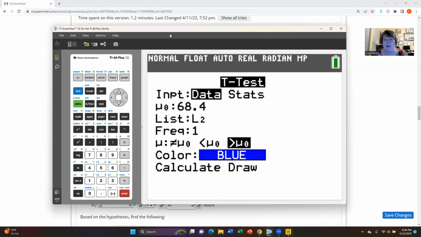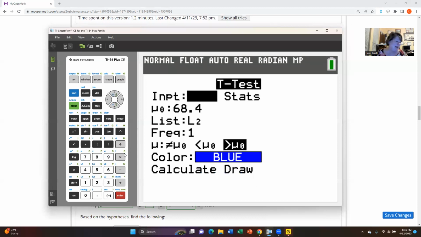So you'd put 47 in for mu sub 0, and then whatever list you put your data in, make sure that you tell your calculator where you put your data. The frequency is 1 because you just have one list of data. And then is it not equal to, less than, or greater than? That is based on your alternative hypothesis, which looks like it's greater than. So you're going to select greater than and then calculate it.